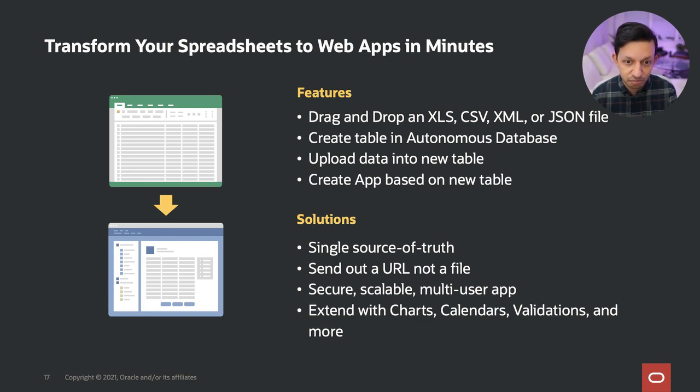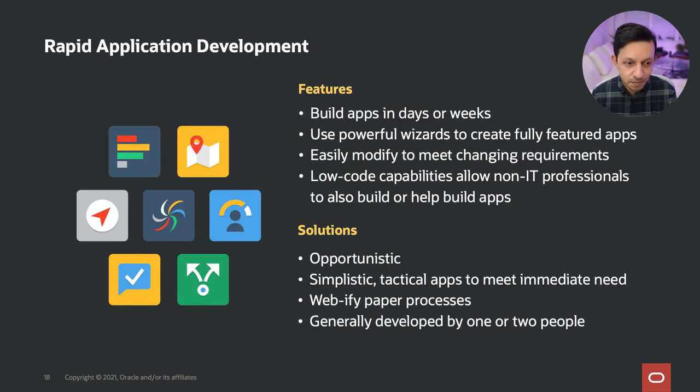You can create a table, build an application on this, and now you have a single source of truth, right? You can send a URL out to anybody that you want. You can set up access control. You can hook it up to single sign-on, and you can extend this application with charts, calendars, custom validations, custom displays, whatever you like. And now you've got a single application that anyone can use.